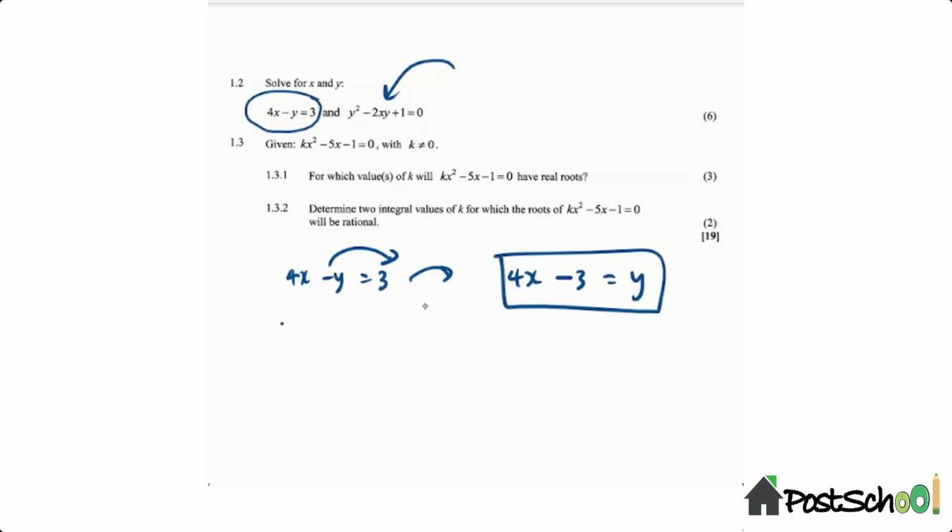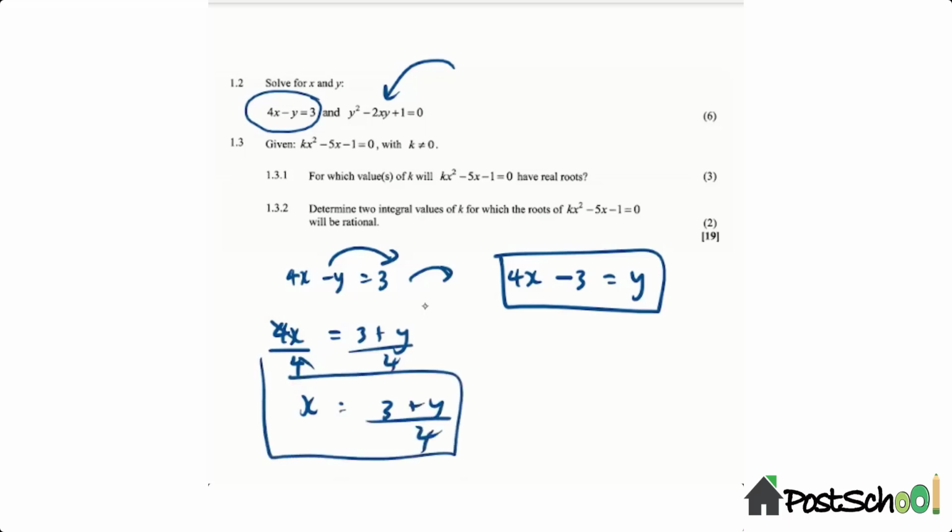If you say 4x equals 3 plus y, x here is not the subject of the formula. x will be the subject when you divide by 4 and leave x alone. Now as you can see, this is more complex than that. So the easier method is to make y the subject of the formula rather than making x the subject of the formula.